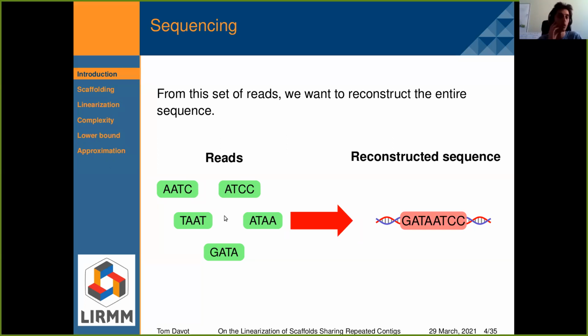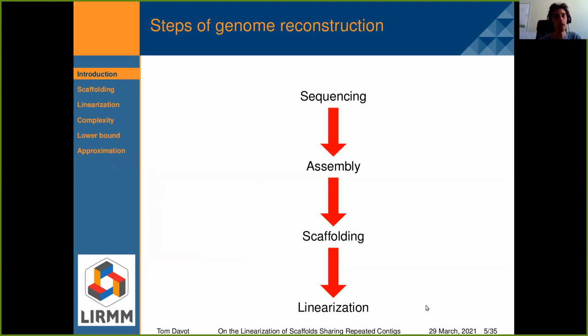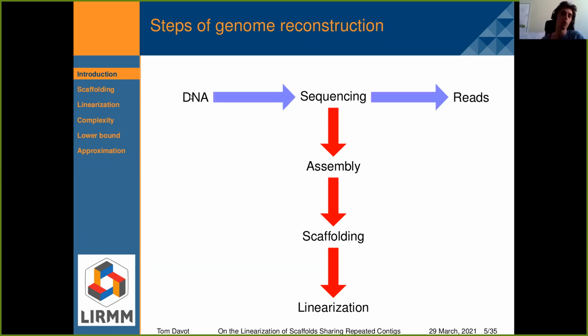So we have to use a computer science process to do that. The main steps to reconstruct the genome are the following. The first step is the sequencing, the one I just presented. In input, we have the DNA, and in output, a set of reads.